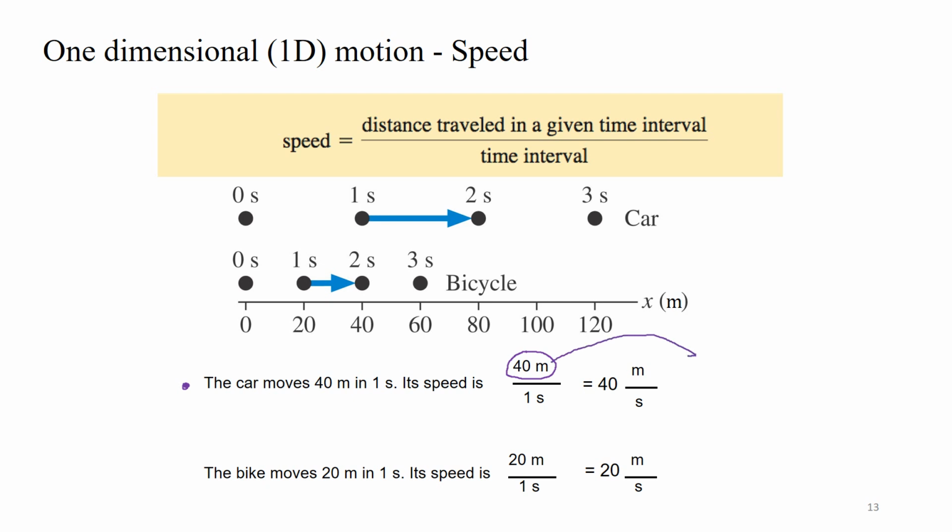So where do you get the 40 from? We get the 40 from subtracting the position at the initial time from the position at the final time. So this 40 meters is the distance traveled.